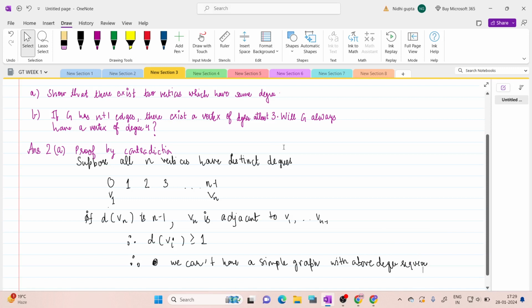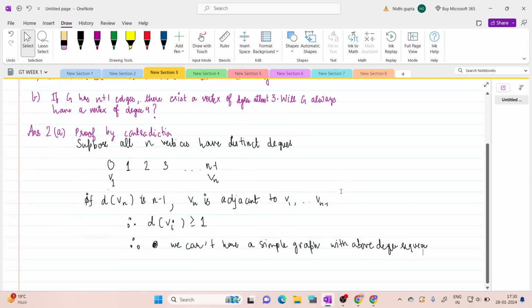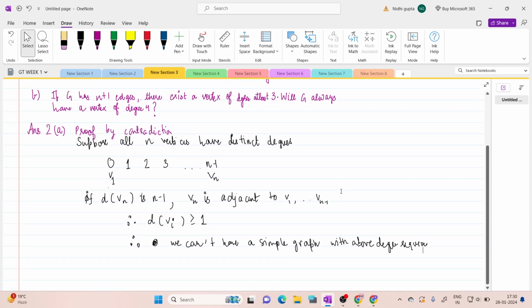So with the same argument, is it correct for a connected graph? Yes. For a connected graph it will obviously follow, because in a connected graph we don't have the option of 0, and we already have the n minus 1 value, so at least one value has to repeat.